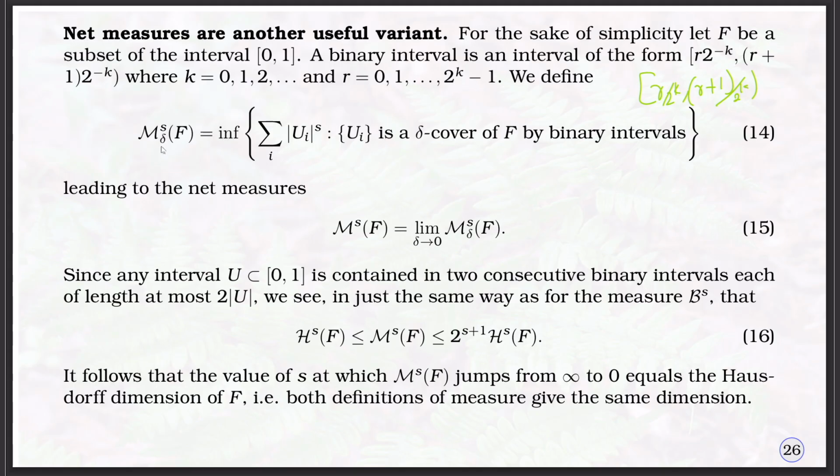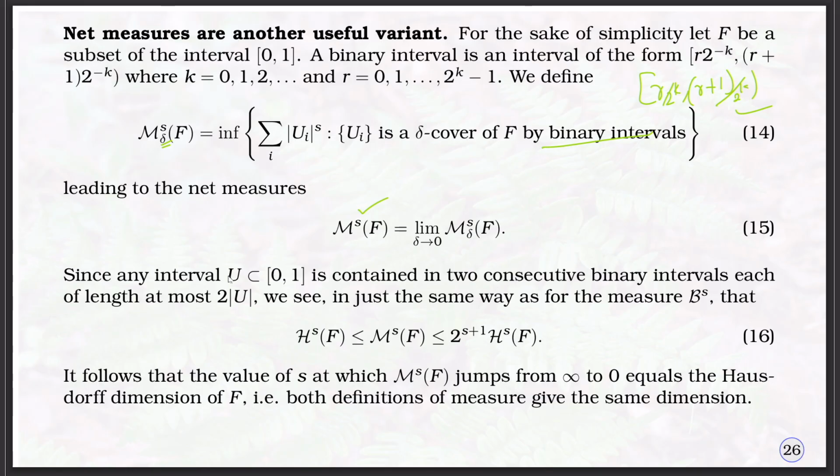We define M^s_delta(F) as the infimum of the sum of |U_i|^s, where U_i is a delta cover of F by binary intervals, leading to the net measure M^s(F), which is defined as the limit when delta tends to 0.